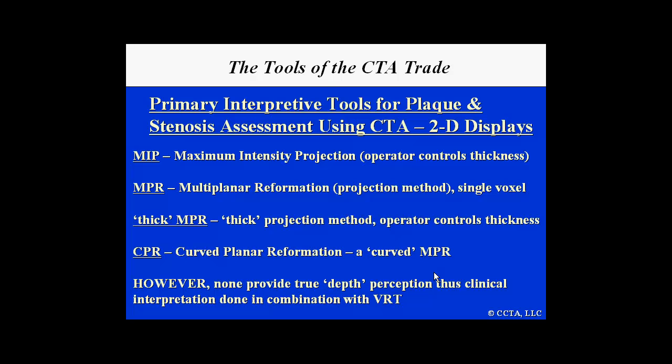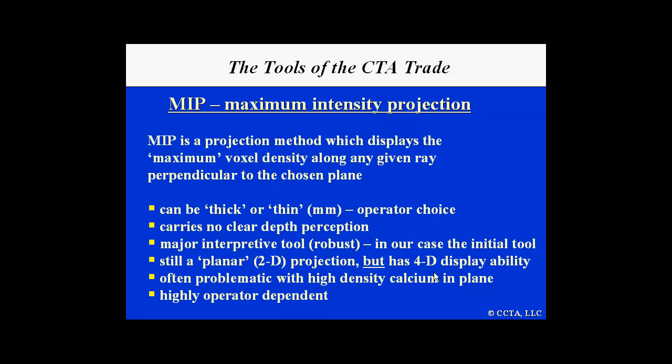A thick MPR, or a ray sum, which is a thick projection method. The operator controls the thickness. And a CPR, or curved planar reformation. However, none provide true depth perception, and thus clinical interpretation must be done in combination with a volume rendering technique.